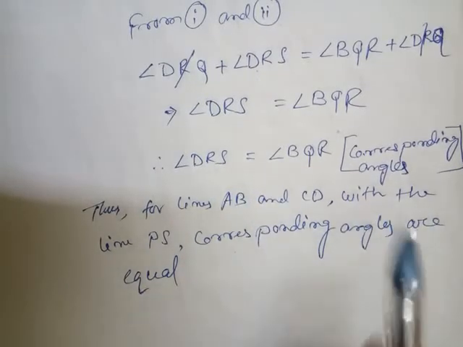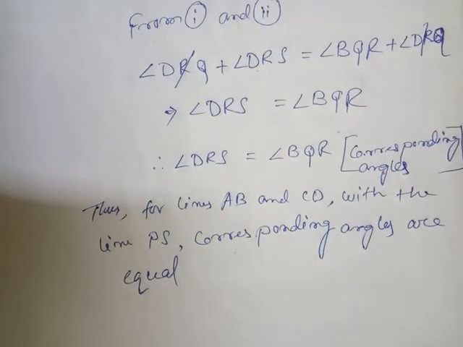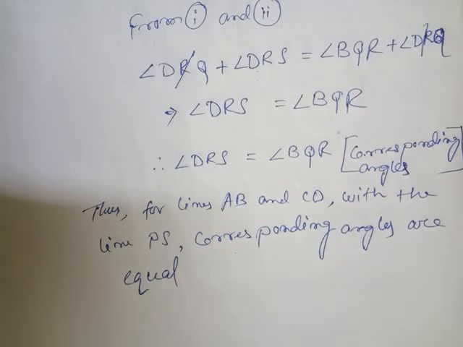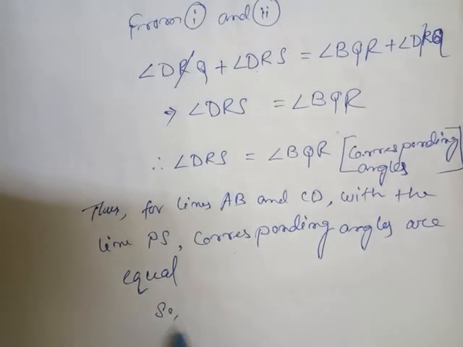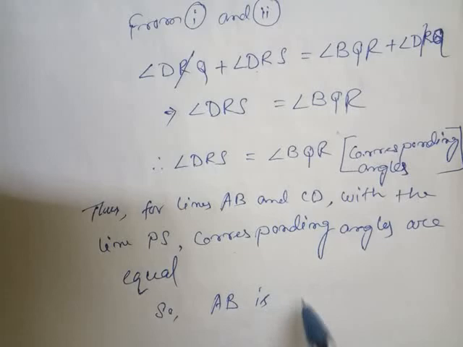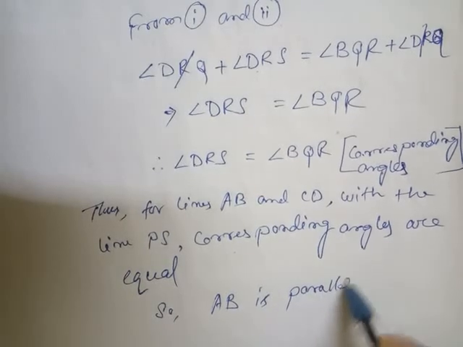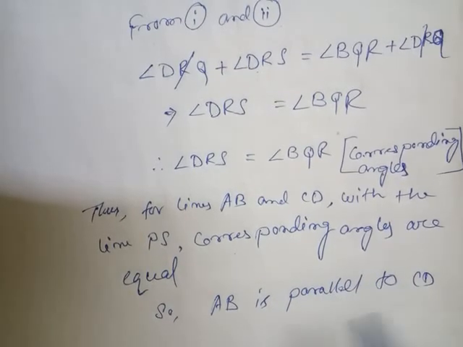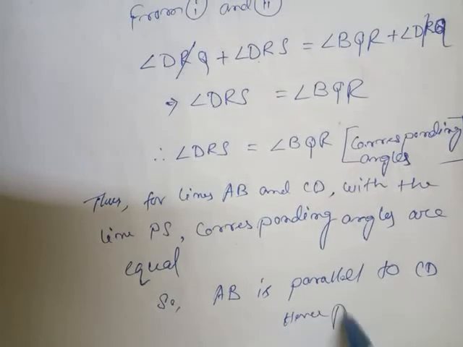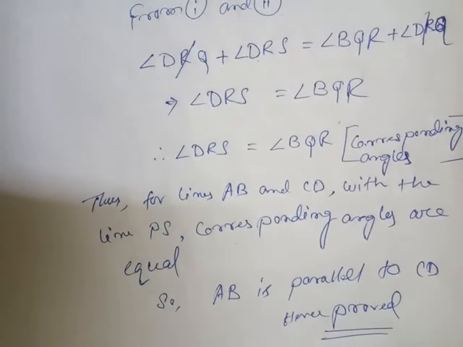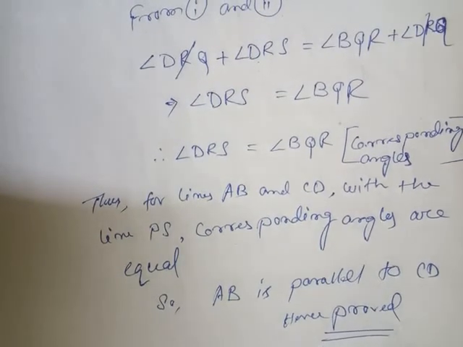Since the corresponding angles are equal, we can say that AB is parallel to CD, hence proved. This is the proof of theorem 6.5.